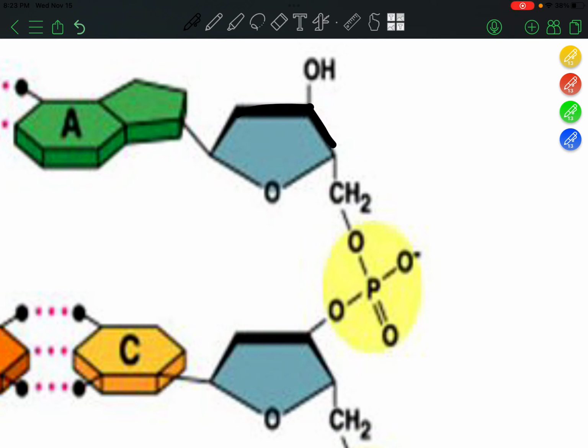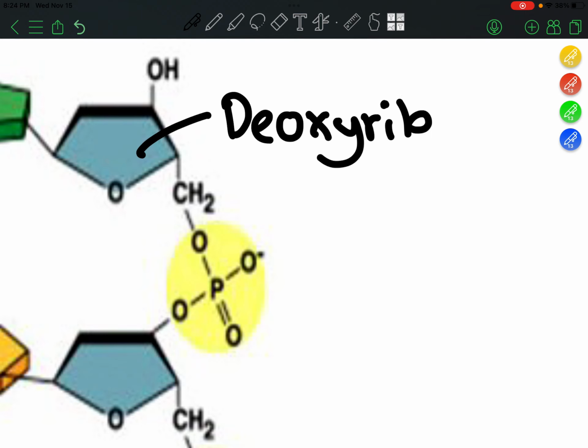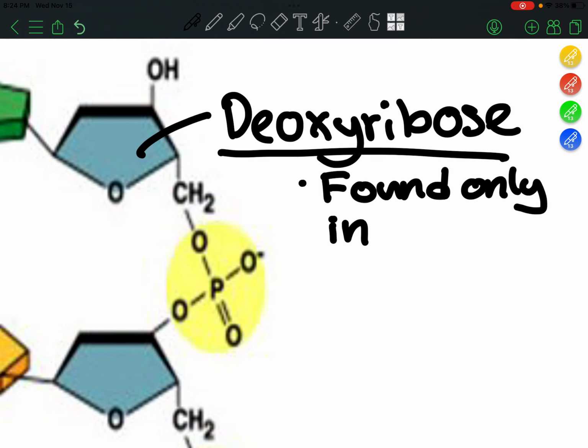This pentagon itself is called deoxyribose. That's what this sugar is called. Deoxyribose is found only in DNA.